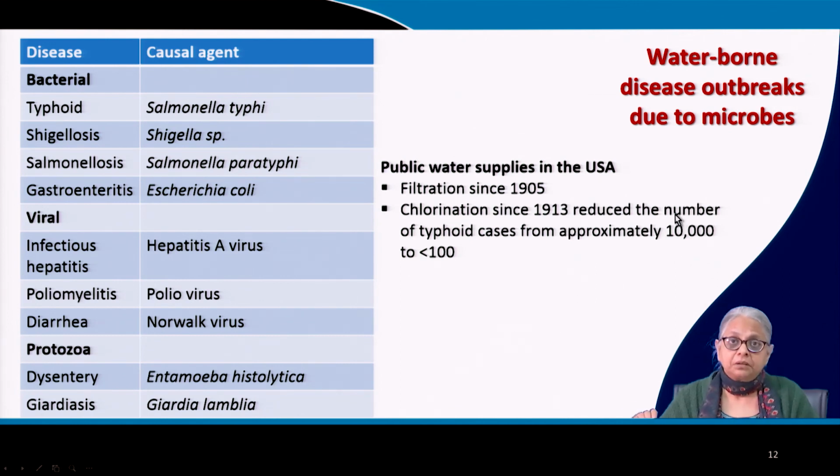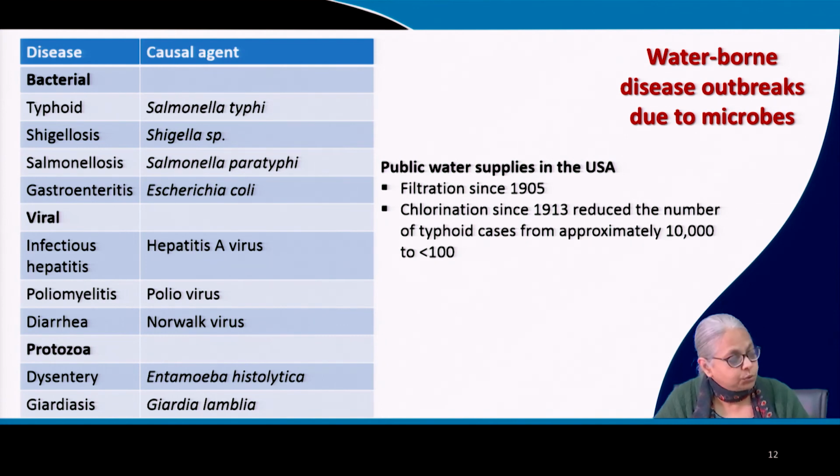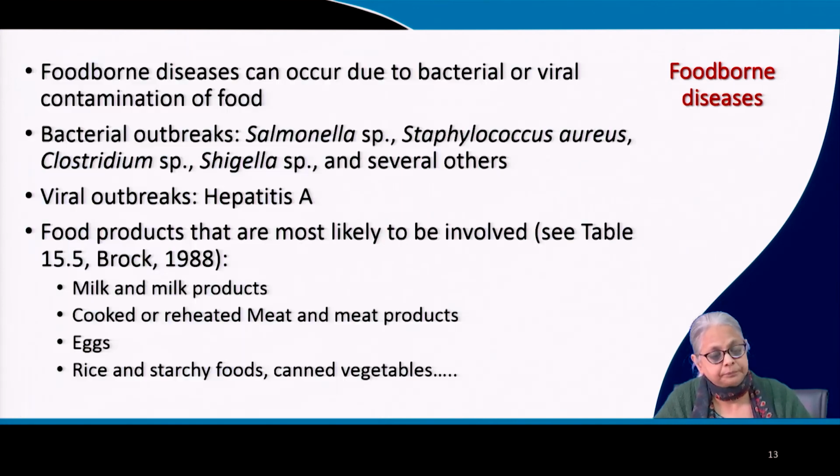These two processes together have been credited for reducing the number of typhoid cases in the US from approximately 10,000 to less than 100. So these are all technological interventions that have helped to bring down the incidence of both morbidity and mortality due to waterborne diseases.